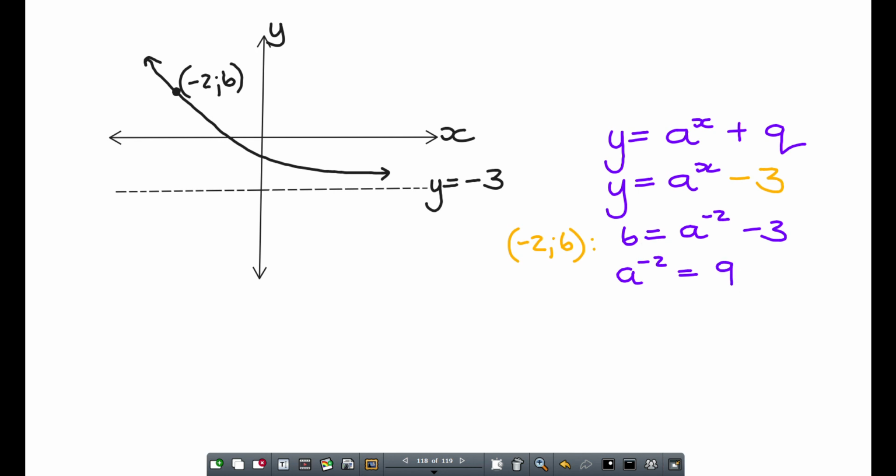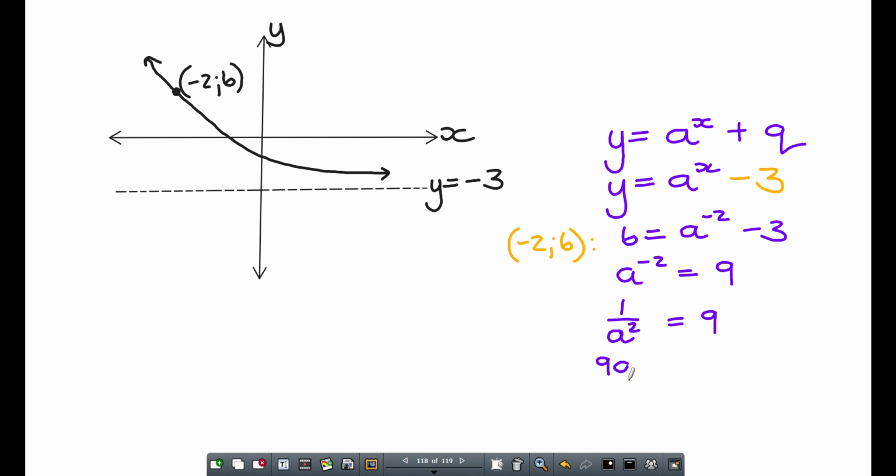Now, this a to the power of minus 2, that's the same as 1 over a to the power of 2, equal to 9. Then you can take that over, and it becomes 9 times a squared.